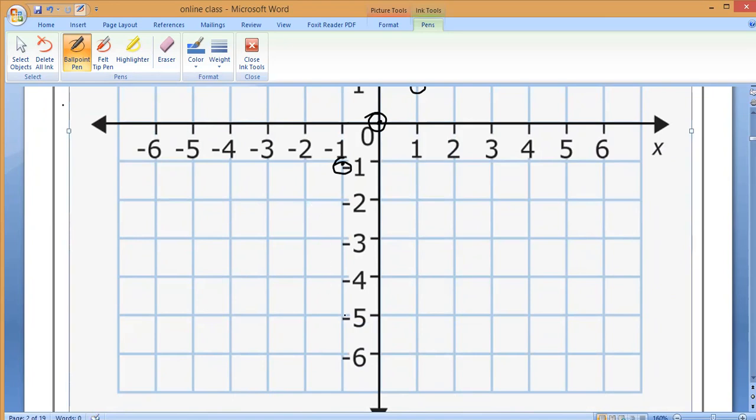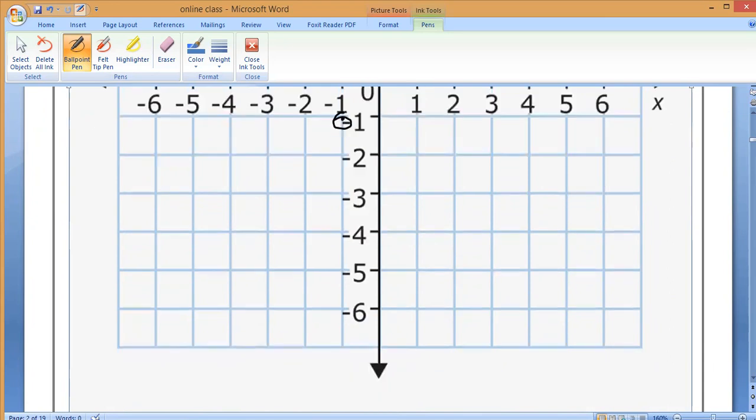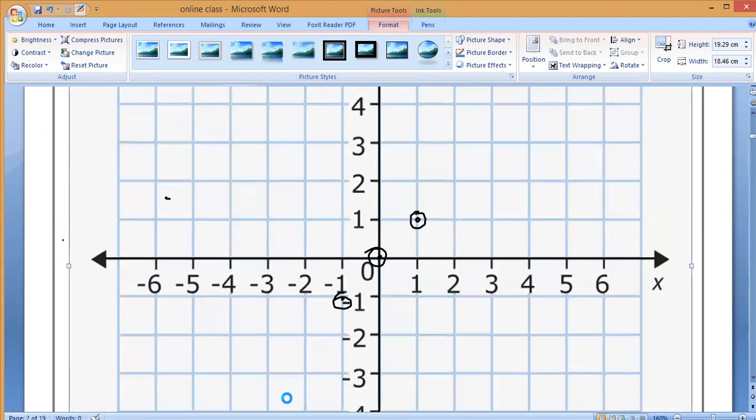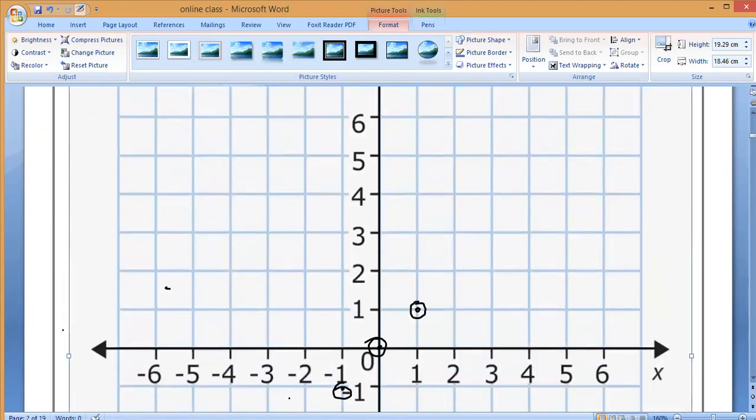Next point, minus 2 comma minus 8. Suppose this is minus 7; this point is minus 8. Join these points. Don't use a scale.